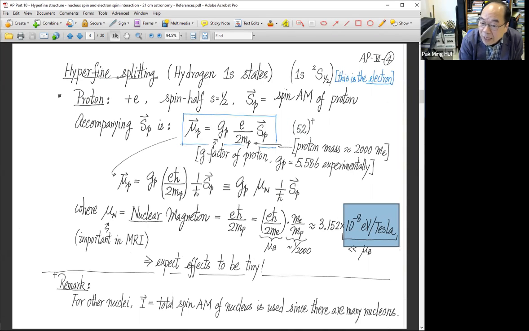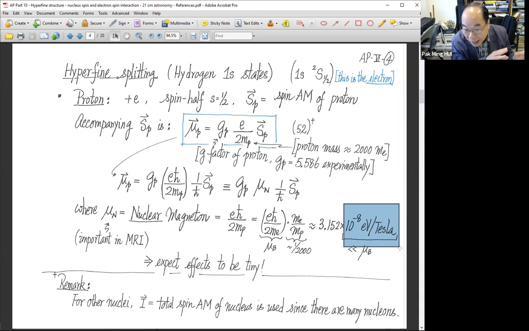All right. So if we take this into account, and if there is a splitting according to the spin plus minus half, this is the order of magnitude splitting we will expect. So this is why we have this hyperfine.